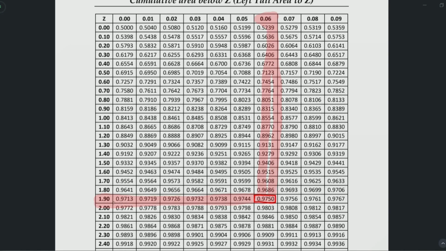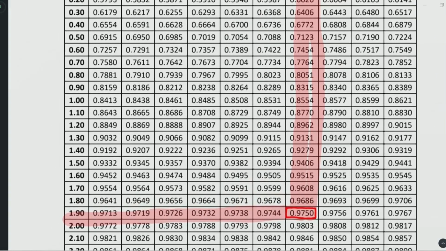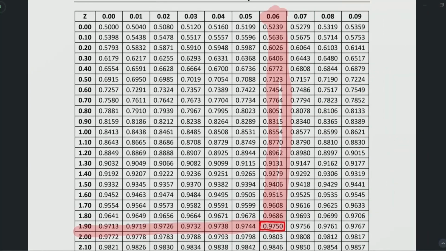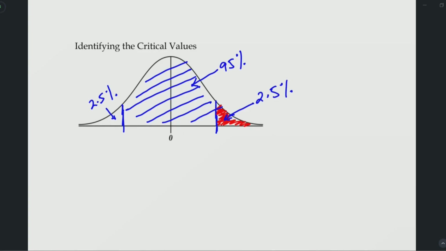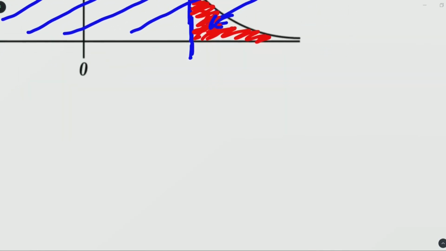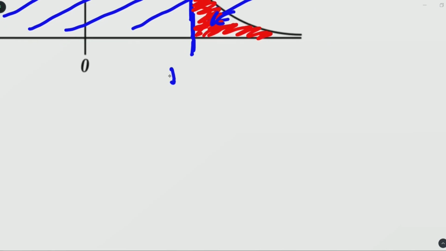So 1.90 and 0.06, that means the relevant Z score has to be 1.96, correct? Once you are convinced that the relevant Z score on the positive side is positive 1.96, in the same style, you can mention that this is positive 1.96.